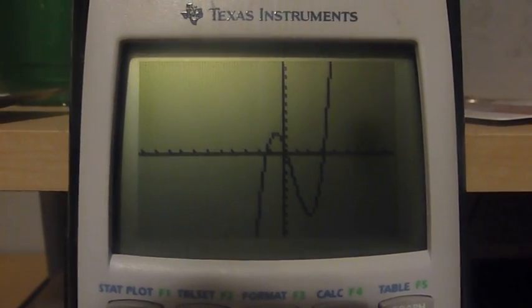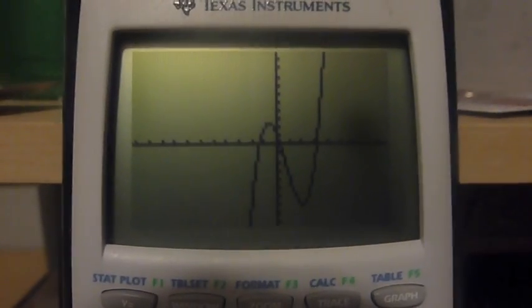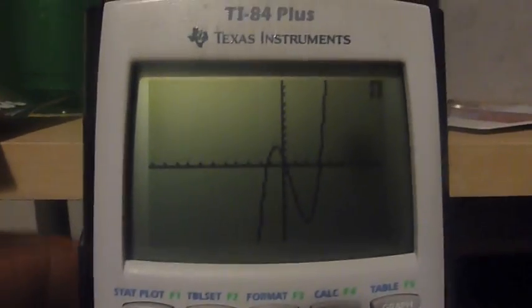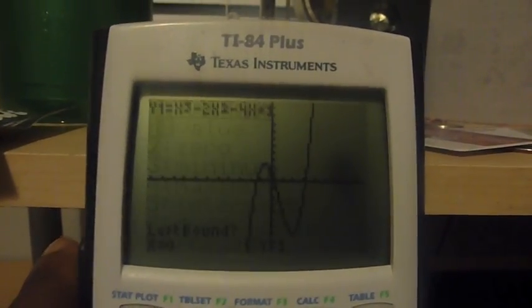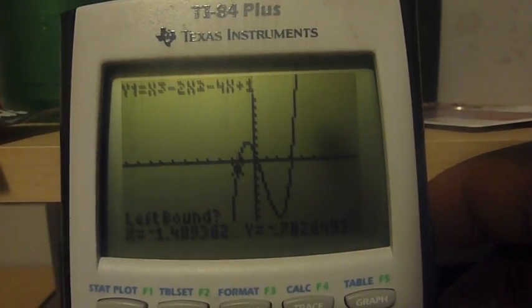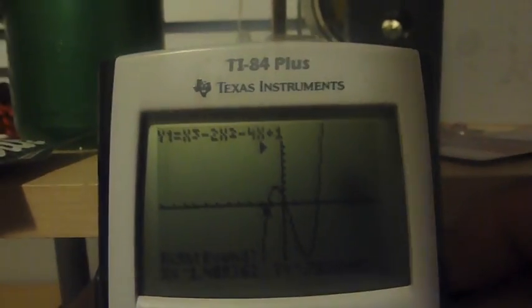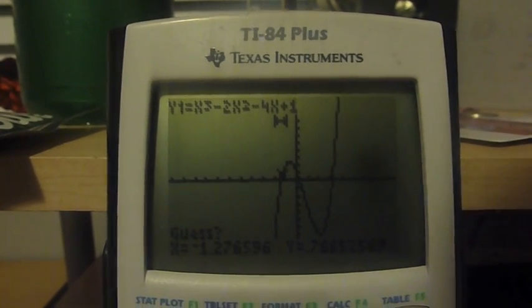Okay, here we have our graph, and now we need to find our zeros and state their multiplicity. Graphing-wise, click second trace, go to 2 to find our zeros, and then we enter our left bound point, click enter, and enter our right bound point, click enter, and we guess on that point.